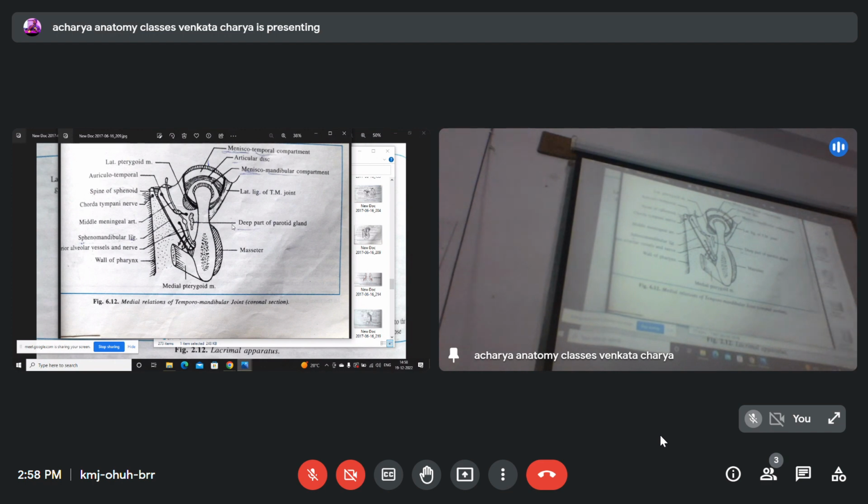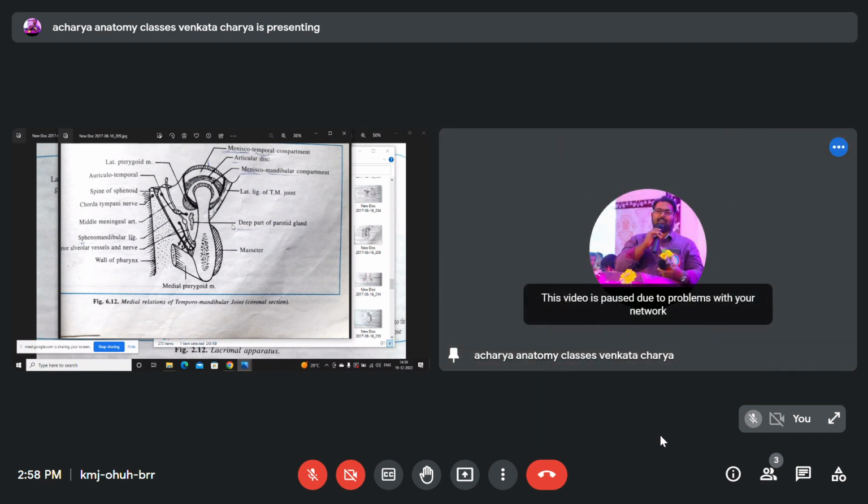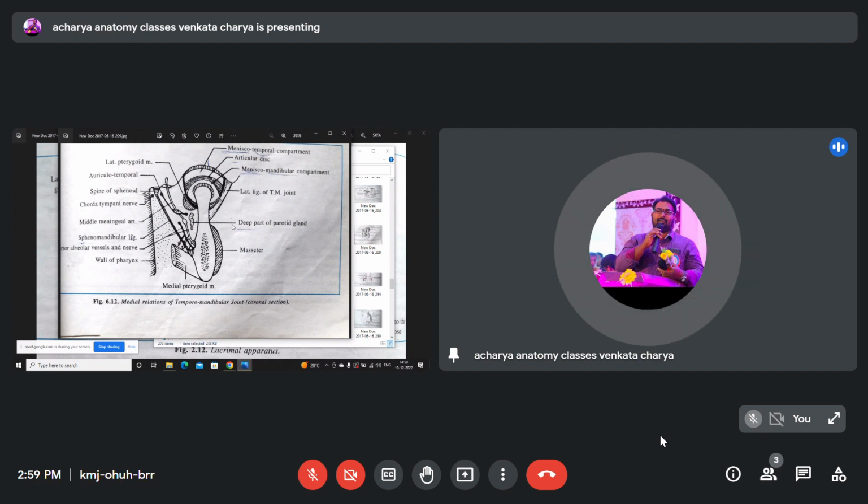Next, below, it attaches to the neck of the condyle. Are you getting? So this is the below attachment.